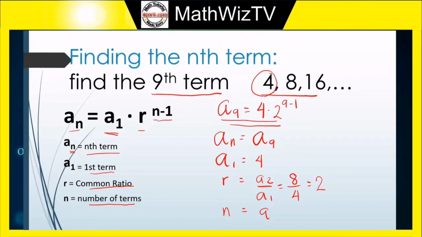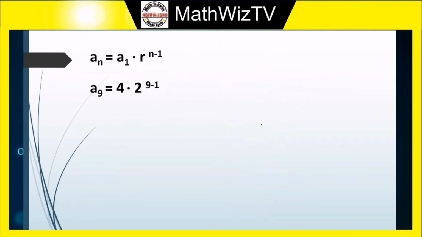Now, let us try to solve. So, as we can see, we already substituted the values: a sub 9, a sub 1 which is 4, r which is 2, and then n minus 1. So, first thing is to solve the exponent. Okay? Before we multiply.